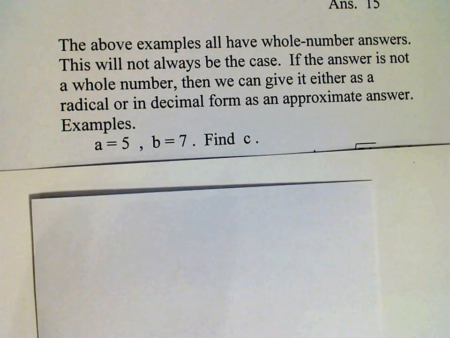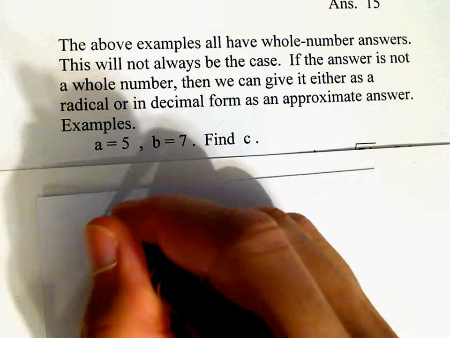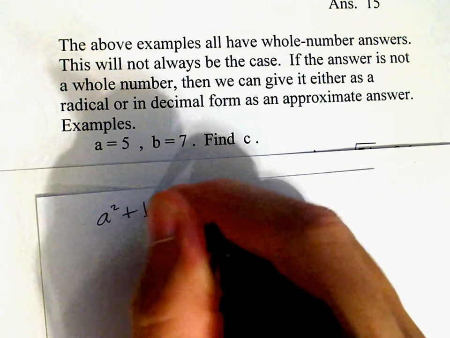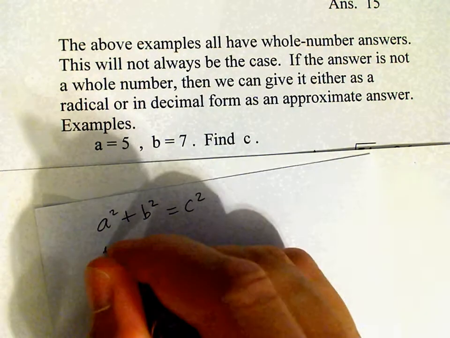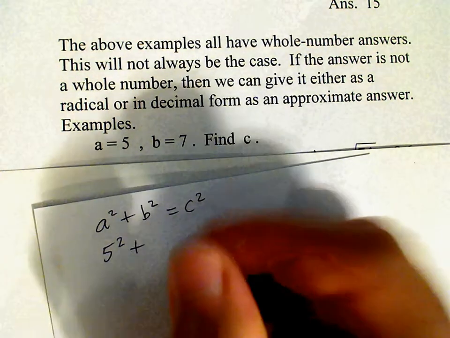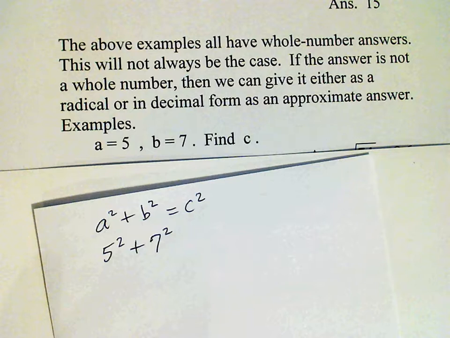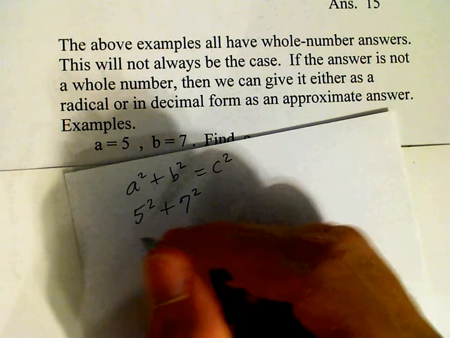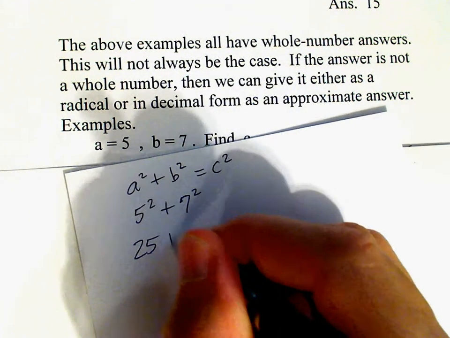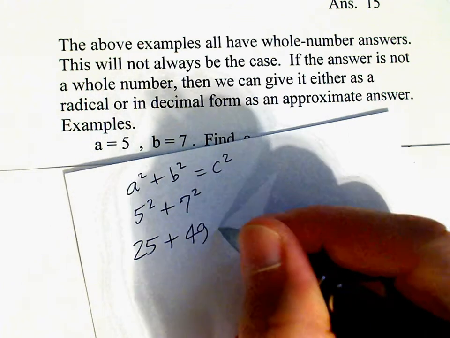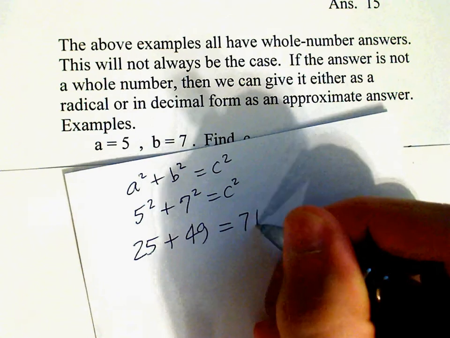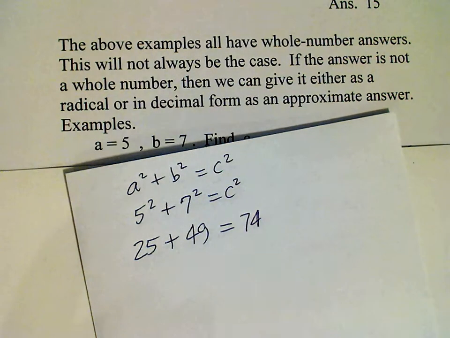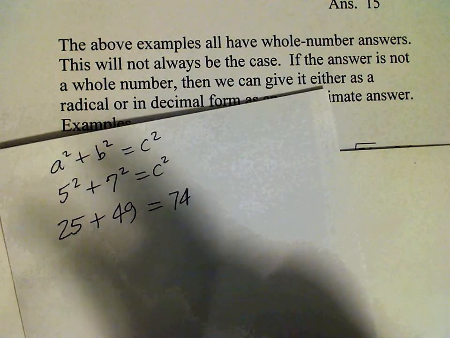Okay, so for example, we have a equal to 5, b is equal to 7. Find c. Okay, so substituting in, we have 5 squared plus 7 squared. Okay, so that's 25 plus 49, and that is 74.